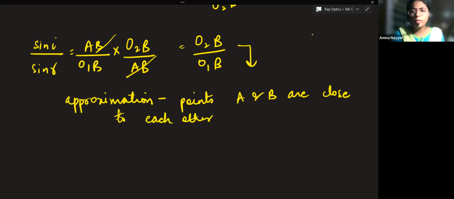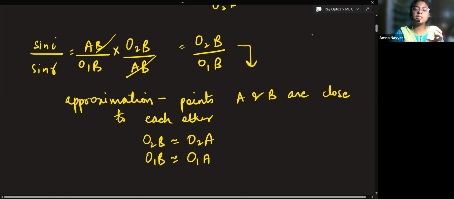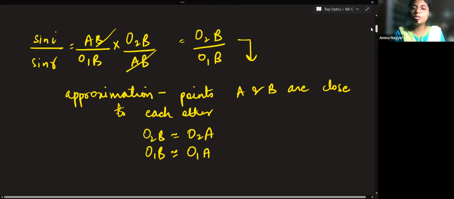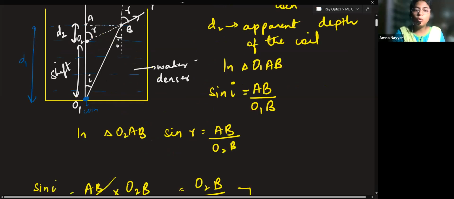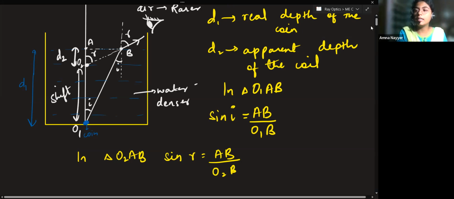So we can simply say O2B is approximately equal to O2A and O1B is approximately equal to O1A. Now we have our terms and the formulas in terms of real and apparent depth, because we all know what O1A is. This is the real depth D1, and what is O2A? This is the apparent depth that has shifted, apparent depth D2. Now we can get our answers.